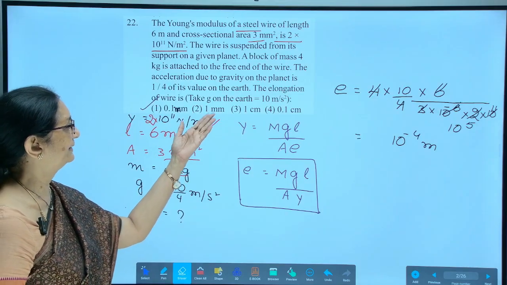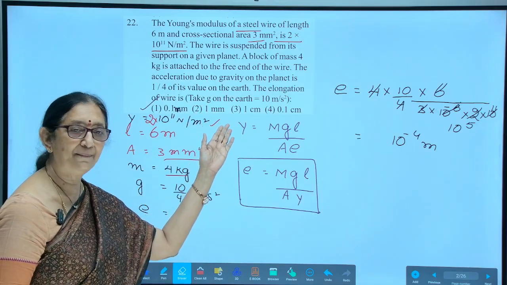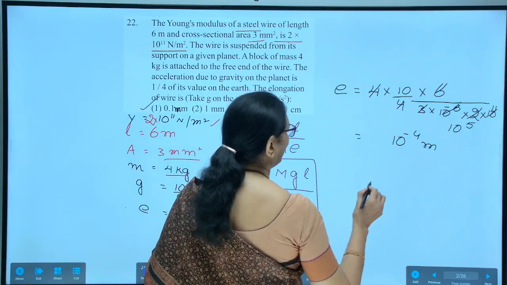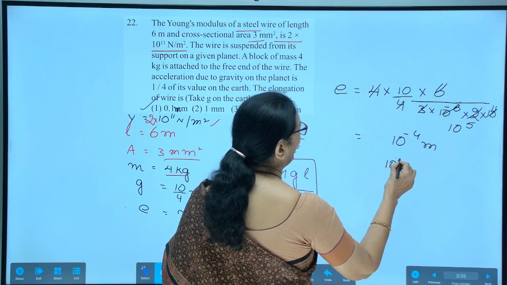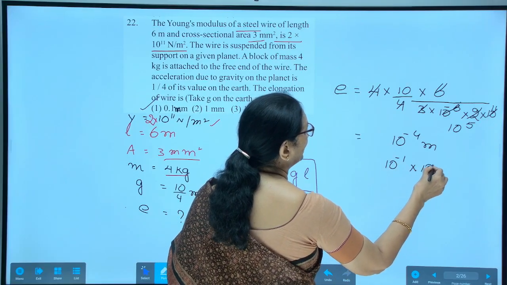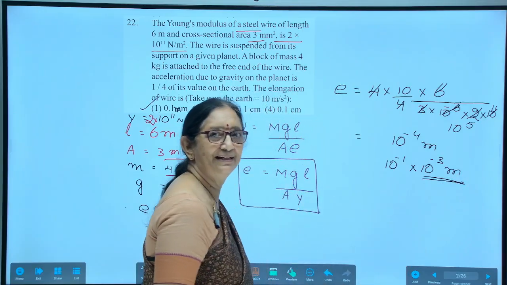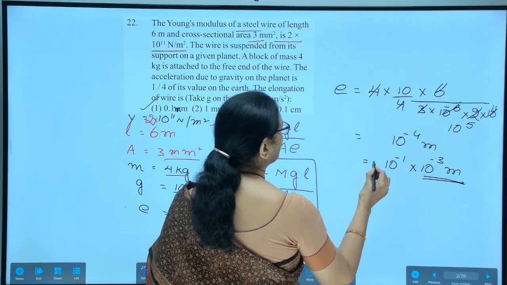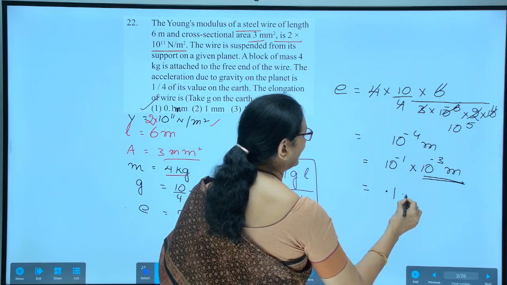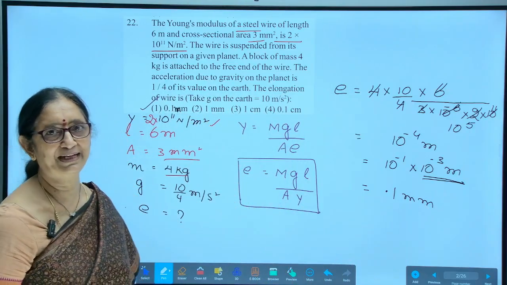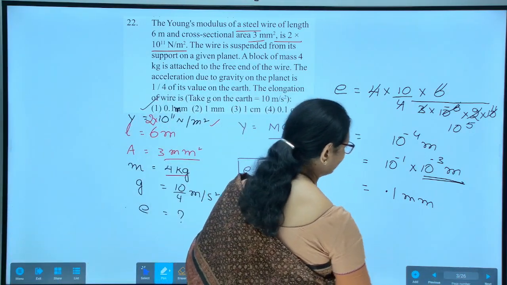If you look, the options are given in mm or in centimeters. So that's close to mm. So this can be written as 10 to the power of minus 1 into 10 to the power of minus 3 meters. 10 power minus 3 meters is 1 mm. So this becomes 0.1 millimeter. So the first option is true for that problem. Move on to the next.